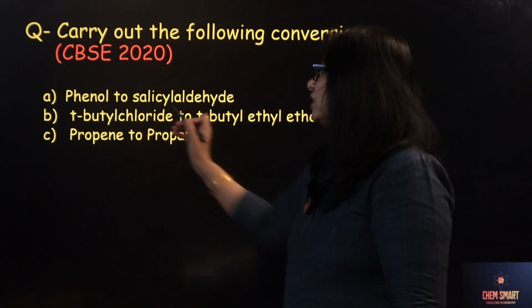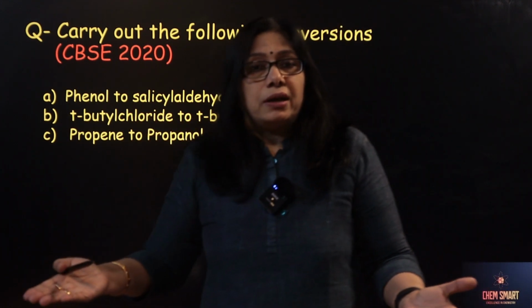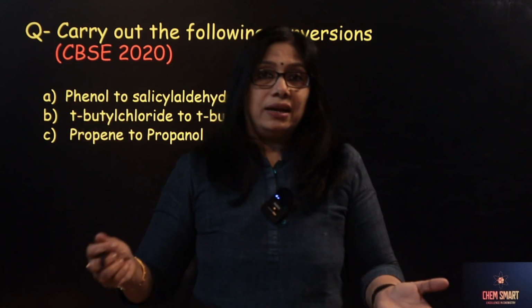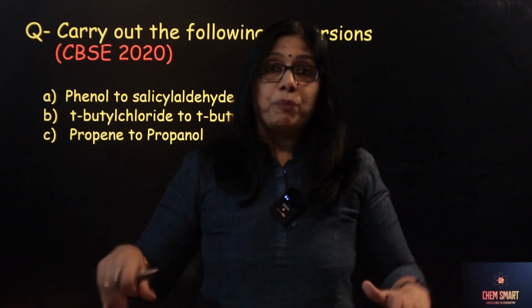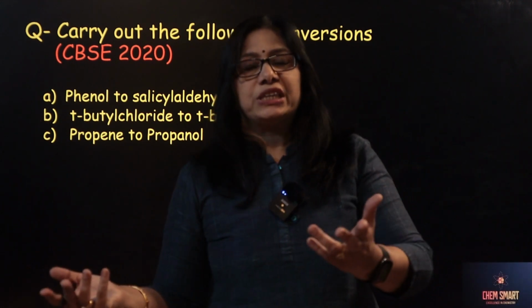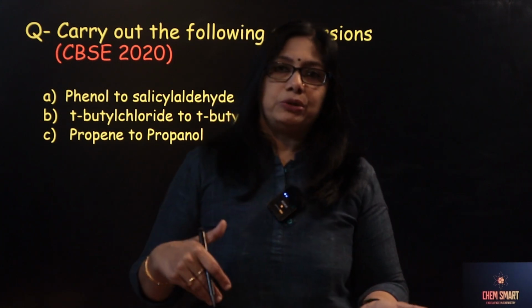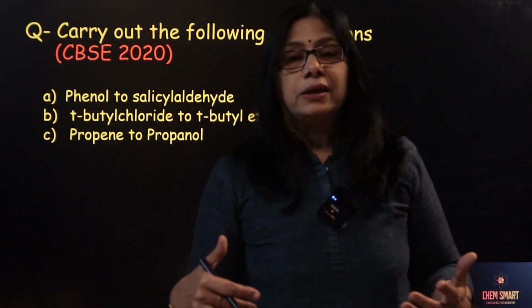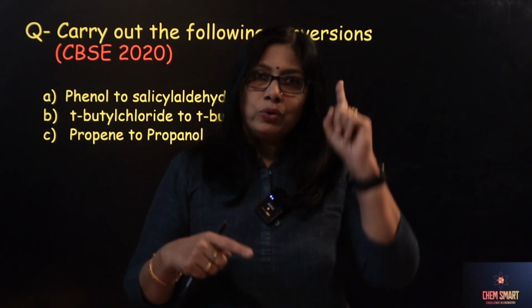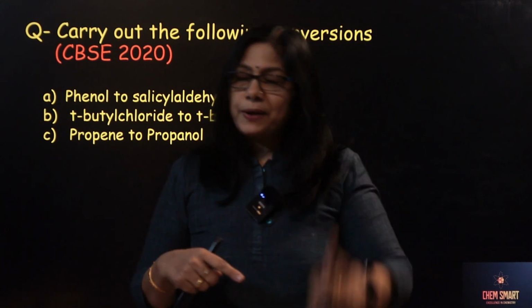Here tertiary butyl chloride is the starting material, a tertiary alkyl halide. If you proceed with it, you will not get ether, because elimination will be preferred over substitution and you will get alkene. You will not get ether. So you have to take care. You have to use your brain and apply.